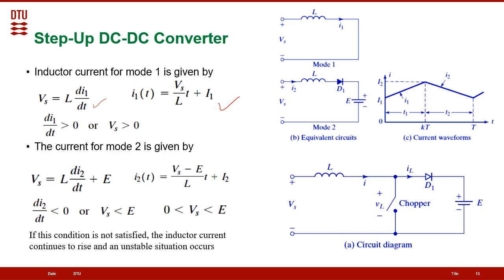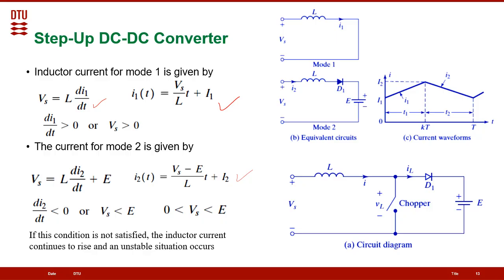During mode 2, we have the Vs and also we have Ve. So Vs will equal the voltage across the inductor plus Ee, and from this we just integrate to get I2. The initial condition for this, when t is equal to 0, should equal I2. At the end of this period, of course, it should be equal to I1.